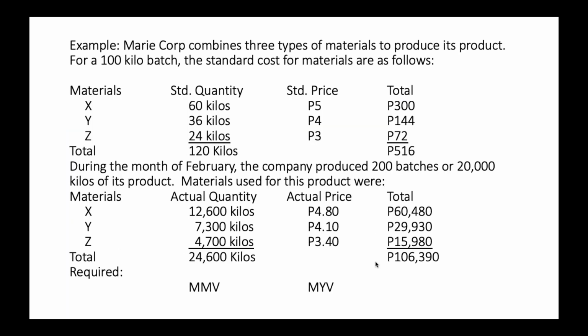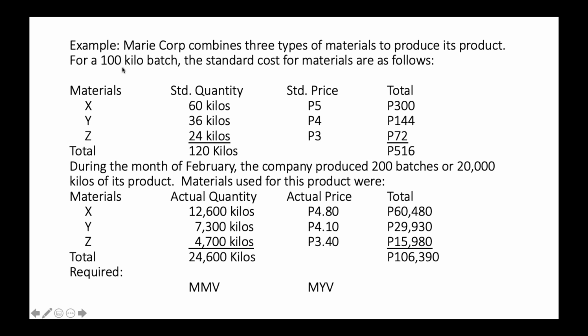Now let us now try material mix variance and material yield variance. So for example, Marie Corporations combines three types of materials to produce its product. For a 100 kilo batch, the standard cost for materials are as follows. Material X, we are to use 60 kilos for every 100 kilo batch.